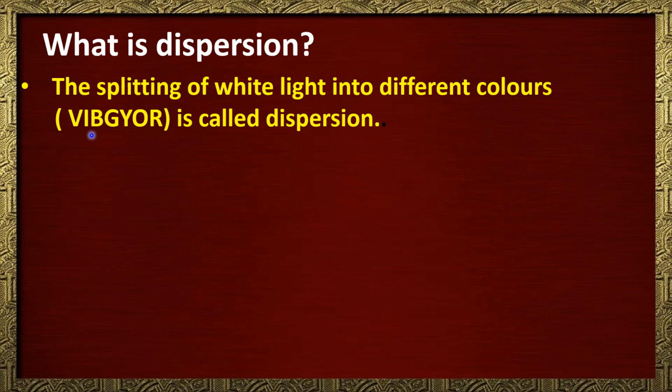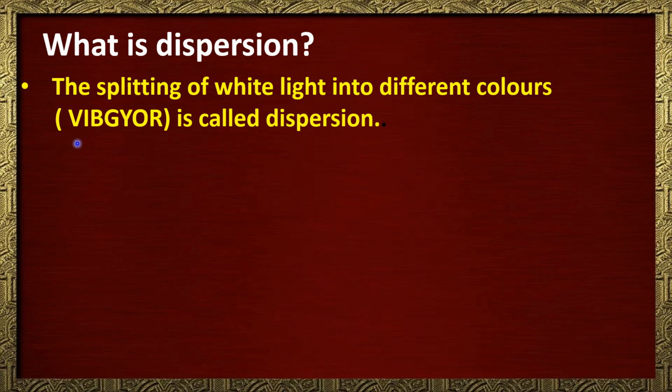This mnemonic we have to use bottom to top, because violet color refracts more than the red color when white light passes through a prism.